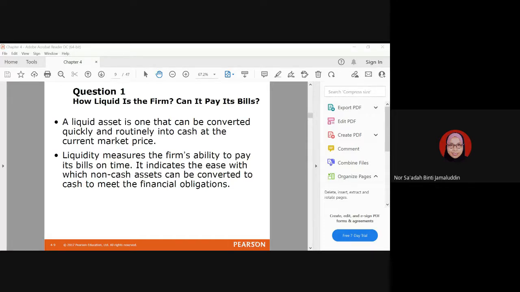Sometimes kita beli, after our inventory is finished, sold to other people, and then we buy again from the supplier.